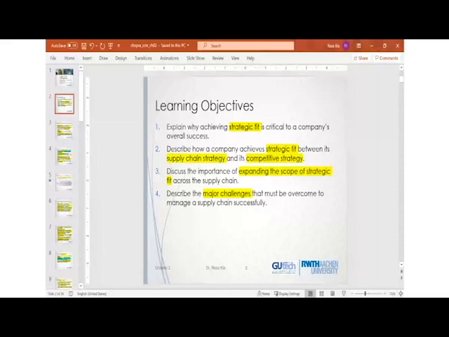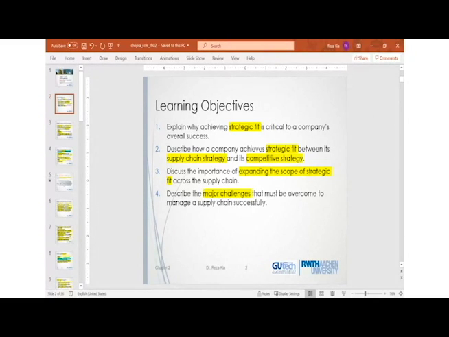So in this chapter, we want to align and coordinate supply chain strategy and competitive strategy. If we could adjust supply chain strategy and competitive strategy together, then it means that we can achieve a strategic fit.